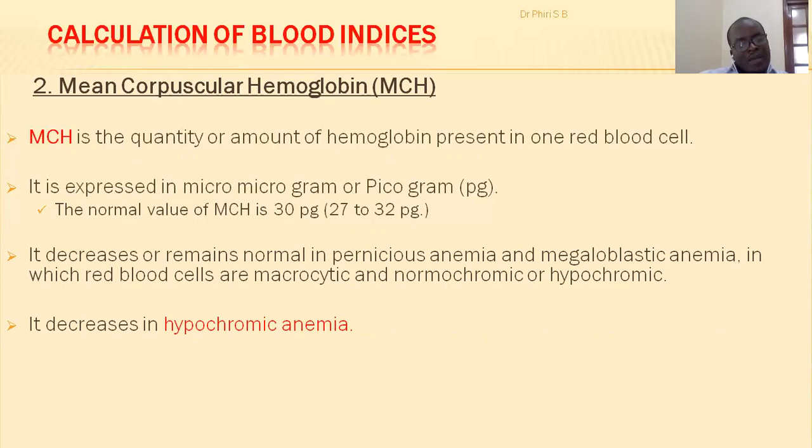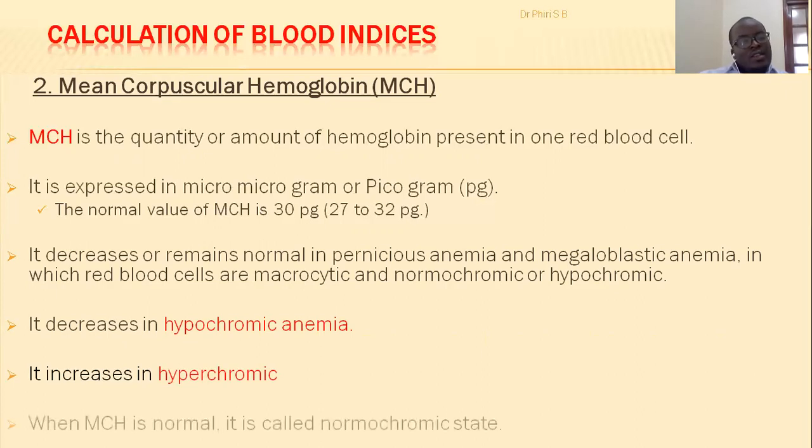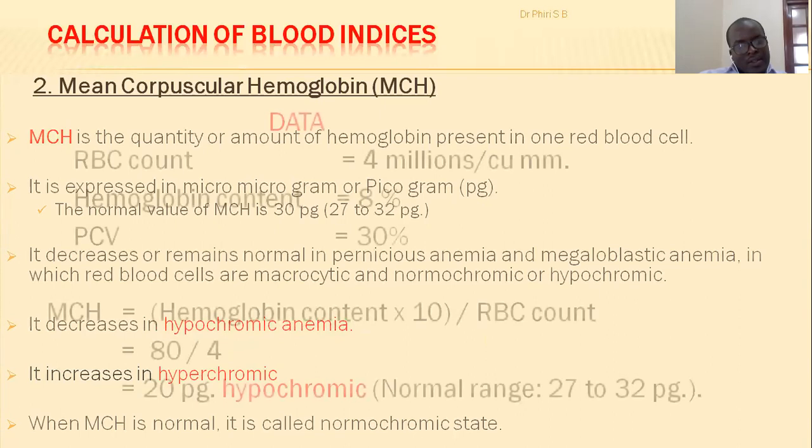So this type of anemia will be hypochromic anemia. If you have an increase, then it's hyperchromic anemia. If it's the normal amount of hemoglobin in each red blood cell, then they are called normochromic. In terms of color, it's normal color. You're having enough hemoglobin in these red blood cells.